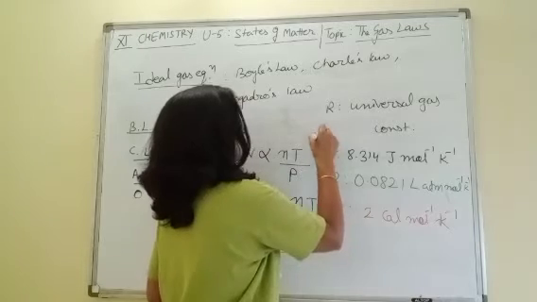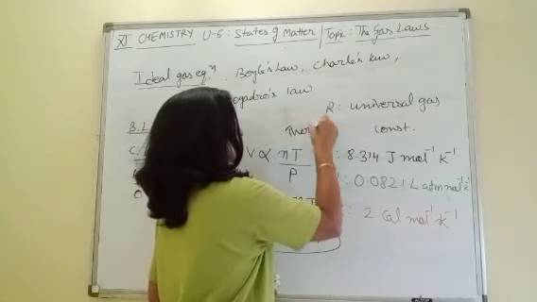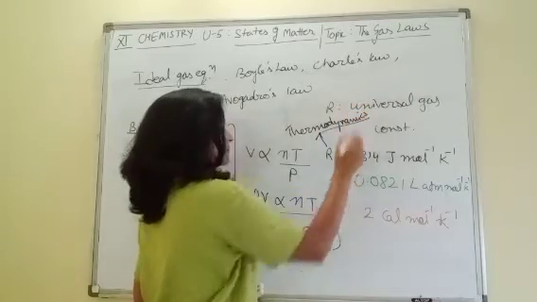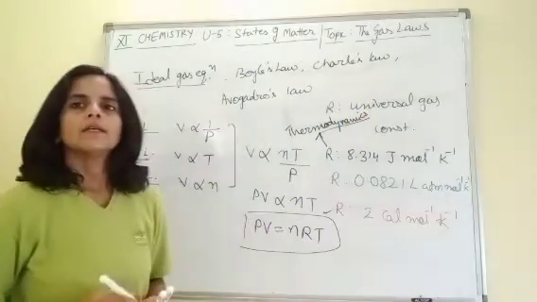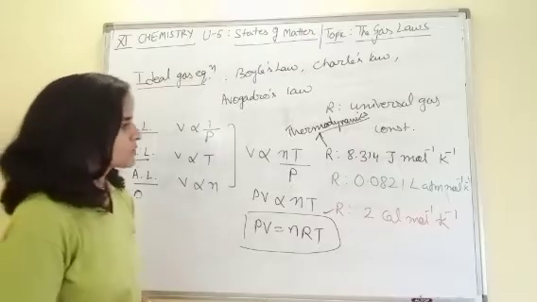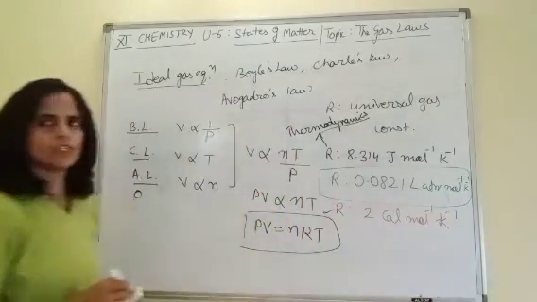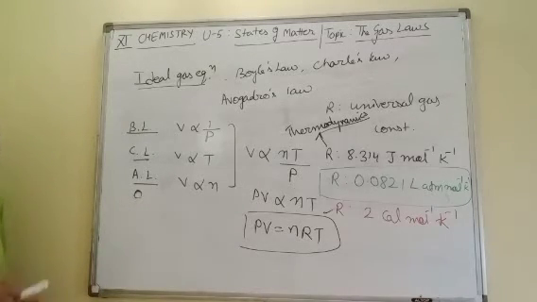So these are for thermodynamics. In this unit, mostly we will be using the second value. So most of the questions we solve by using the value 0.0821 liter atmosphere per mole per Kelvin.